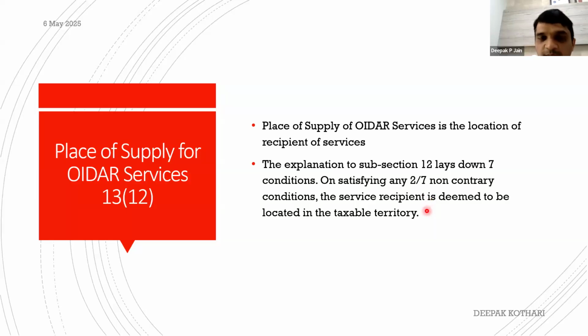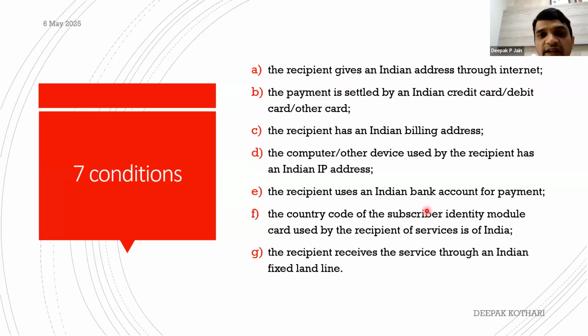He will have a few pieces of information with him. He will have the address of the recipient. He will have to track the IP address through which the services are being received, are being consumed, and he will then also have to see the mode of payment. How is the payment made and through which card the payment has been made. So if he is able to satisfy that, yes, 2 out of these 7 conditions are satisfied, then it will be liable in India.